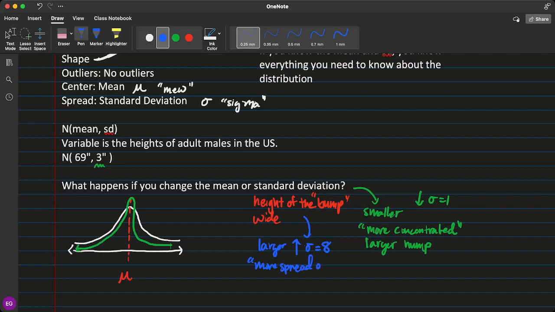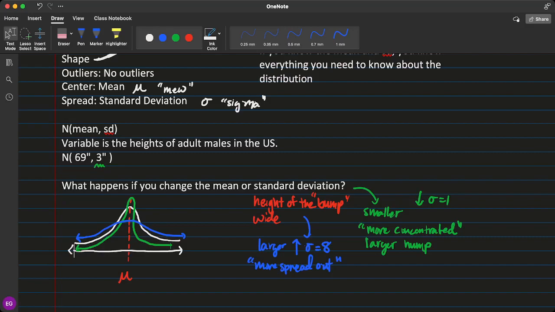It's more spread out, so you're going to have a smaller hump. It's going to look sort of more like this. Everything is going to be less concentrated. So if you decrease the standard deviation, it becomes taller and thinner, but everything is more near the middle. If you increase the standard deviation, that hump becomes shorter and everything is more spread out, like you squished something.